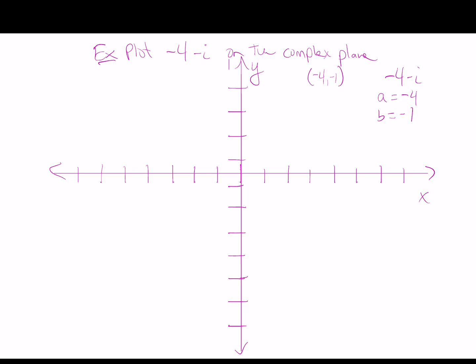We start at the origin and we move on the horizontal axis 4 spaces to the left to represent the real part, and then we go parallel to the y-axis and go down 1. So I'll mark that, and we'll plot that point right here. That's (-4, -1). And that's how you plot a number on the complex plane.